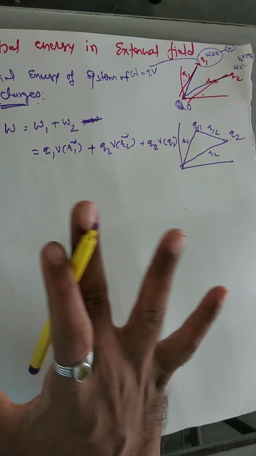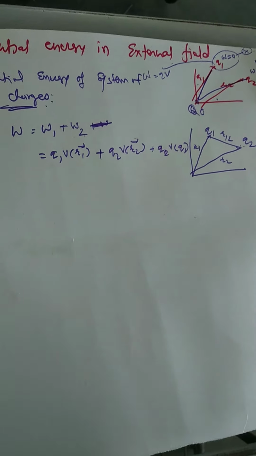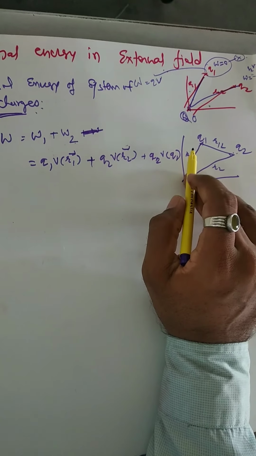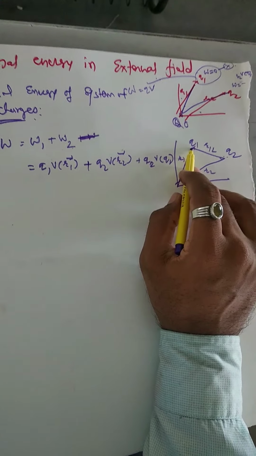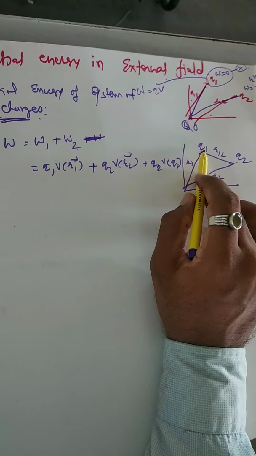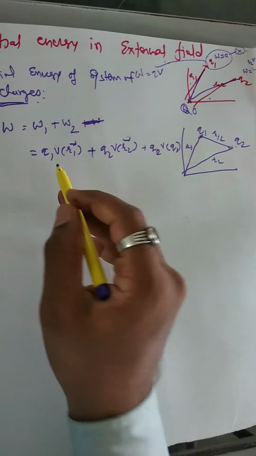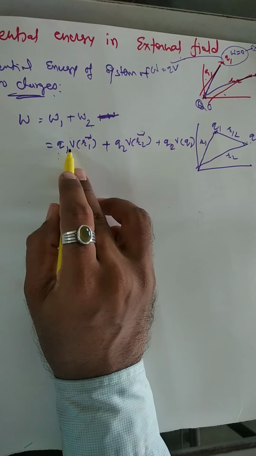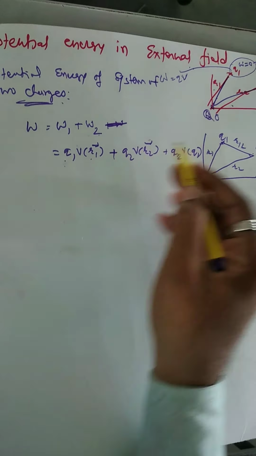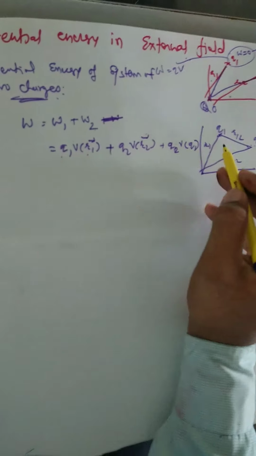Clear? I hope this is clear to you. Still, I am repeating it again. In any external field we will not consider the work done equal to 0, but we will consider the value of the work done. That work done will be q1 into the electrostatic potential because of position r1.